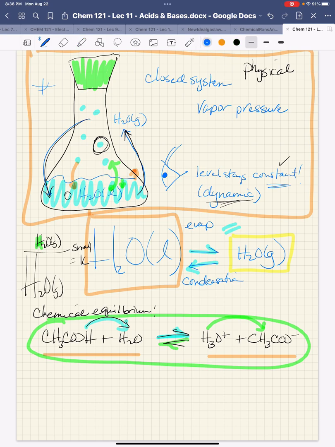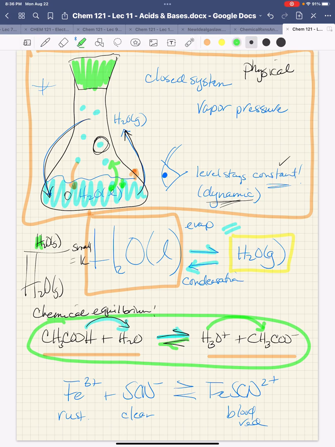The reaction that you saw with Scott was you had iron and thiocyanate that formed that iron thiocyanate ion. And we said this one was blood red, this one was clear, and this one was rust colored. And what we did in this case is we added iron to the situation.